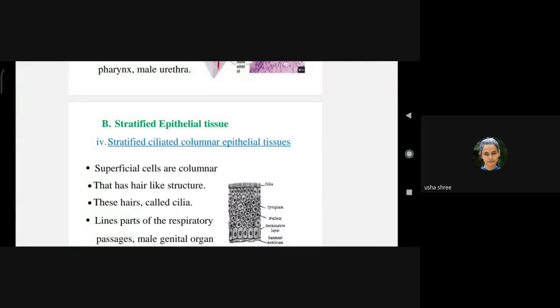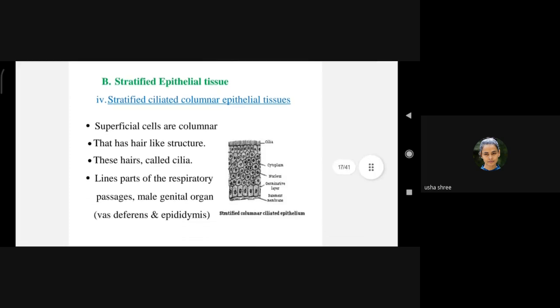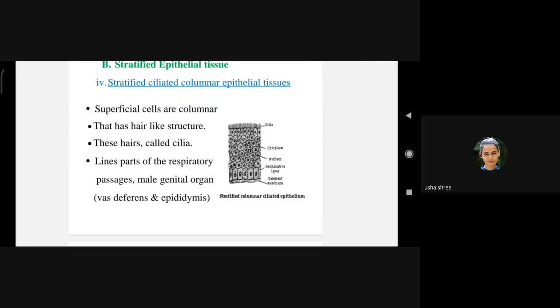This is the main difference. Cilia are hair-like structures and this type of tissue is mainly found in respiratory passages, male genital organs like vas deferens and epidermis.